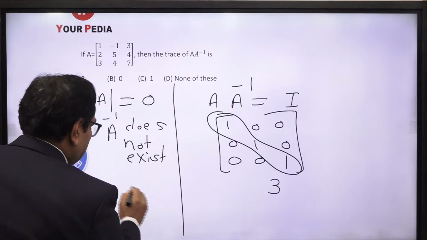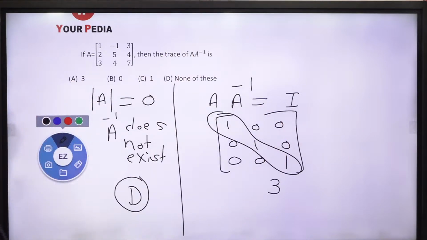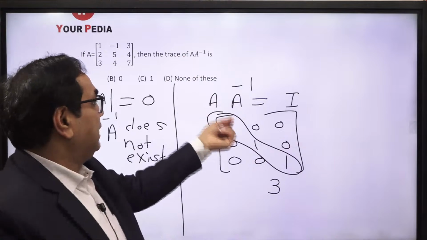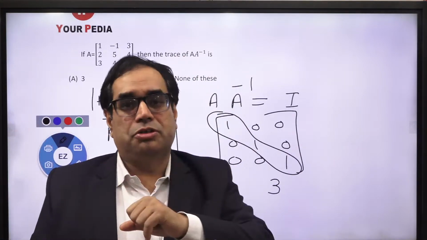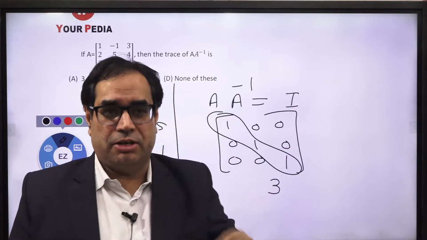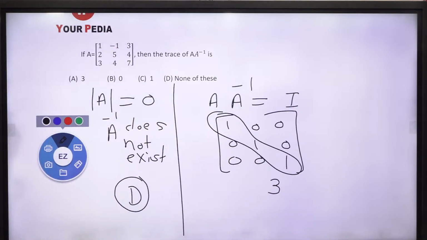Okay, so D will be the right answer here. Don't give answer 3. It immediately came to your mind that A into A inverse is equal to I, but that is when determinant of A is not equal to 0. In that case, we write A into A inverse equal to I. Got it? So be careful in simple questions. Okay. Now we can move to the next question.